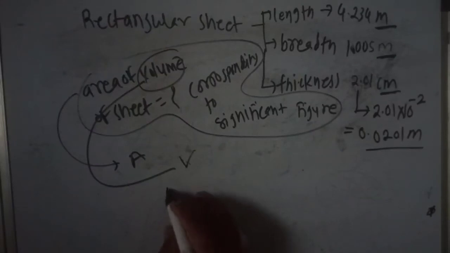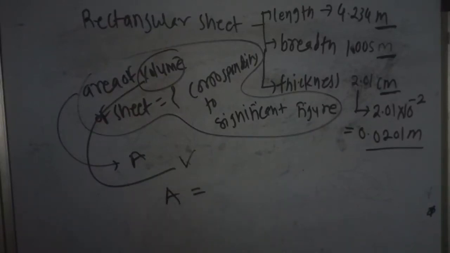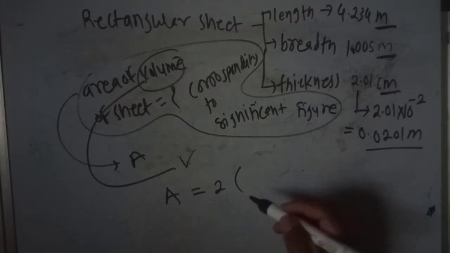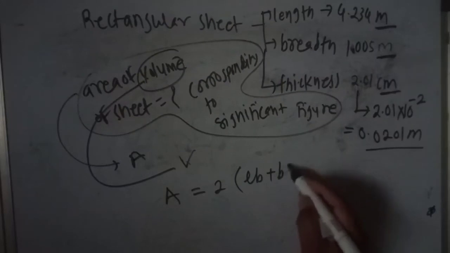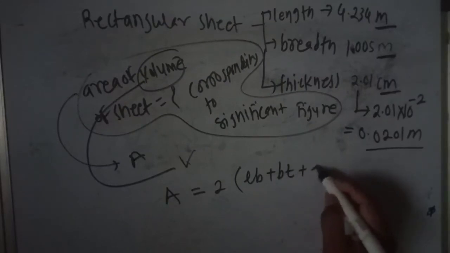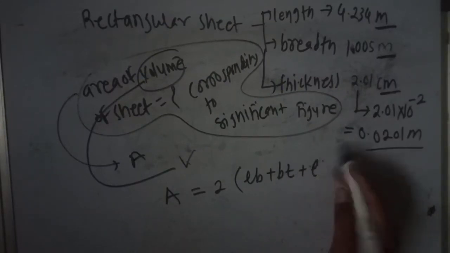What is area? Area is equal to 2 into (LB plus BT plus TL).